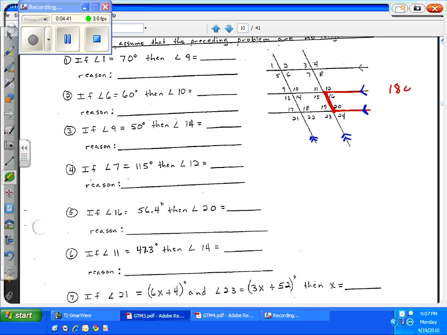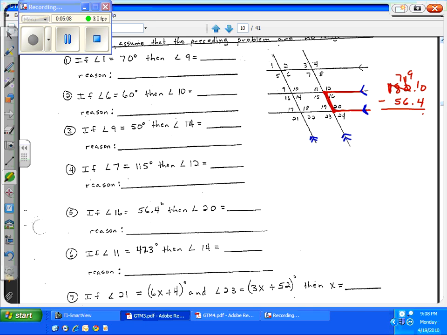So we can take 180 degrees minus angle 16, which was 56.4 degrees. And that'll give us angle 20. So that's going to become a 7 and a 10. A 10 cancels out to a 9, and that's still a 1, sorry.